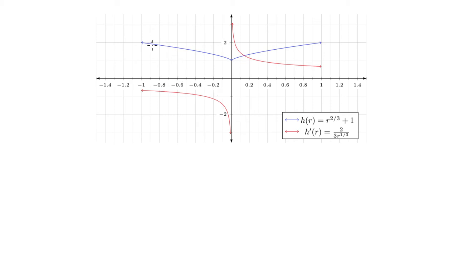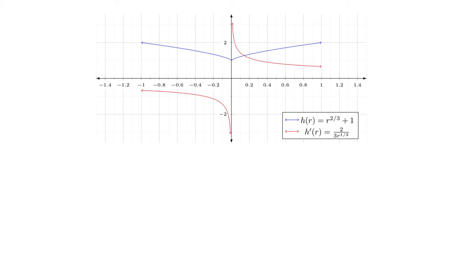Notice the function is decreasing, the derivative is negative, and getting steeper and steeper negative. And then to the right, the function is increasing, so the derivative is positive, but as we approach 0 from the right, we're getting really, really steep, so the derivative is going off to infinity.